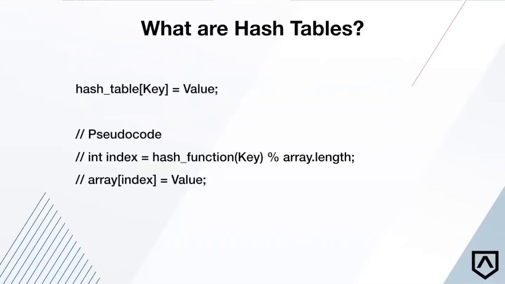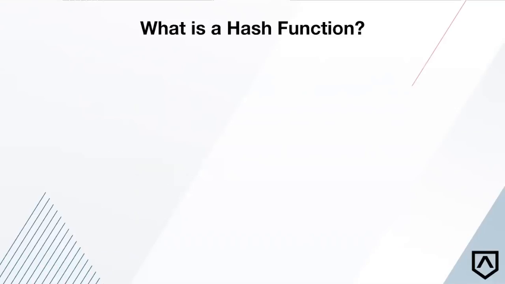And by array, again, we mean the storage array. And then we're setting the value to the index of that array that we've got from our hash function. Now, again, keep in mind, this is pseudocode. This is not C code, but that's basically all that's going on.